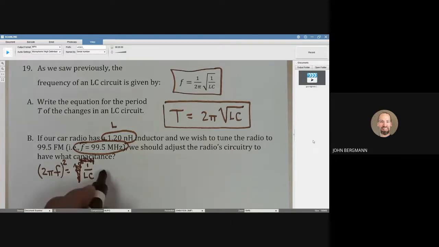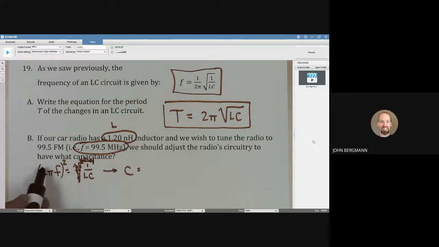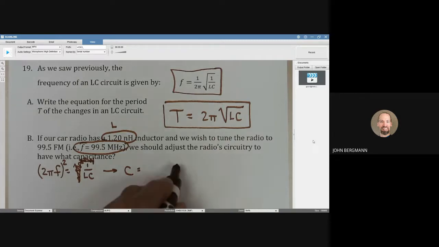And then if we solve that for capacitance, capacitance goes in the numerator on the left, and it looks to me like everything else will be in the denominator. You check and make sure, but I think what we end up with is 1 over, if we square that 2 pi term, it ends up being 4 pi squared, F squared times L.